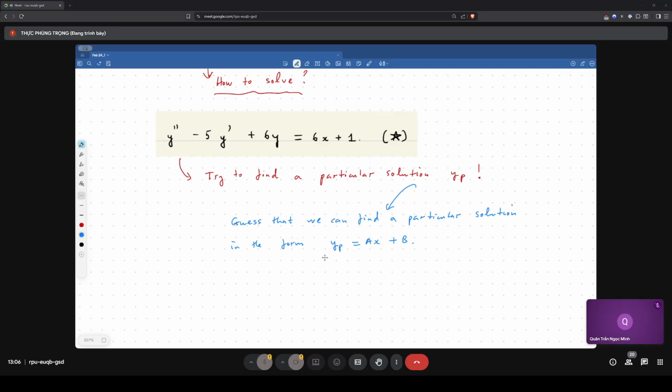So you just differentiate this one twice, and then you put them in here and you find A and B. So I skip that. You can easily do that.